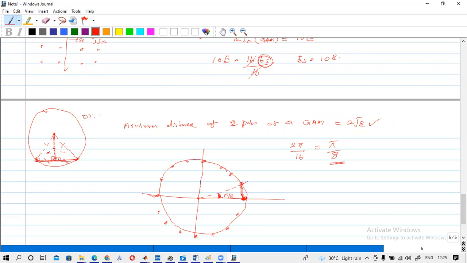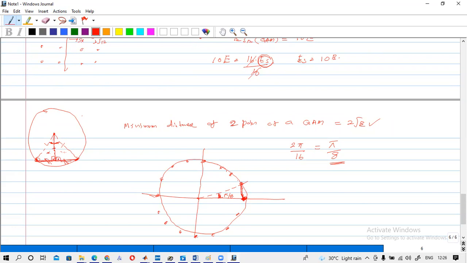I can't remember the name of the congruence rule. Likewise, you can say that this one and this one are the same, and the angles are also identical. So this angle and this angle will be the same.